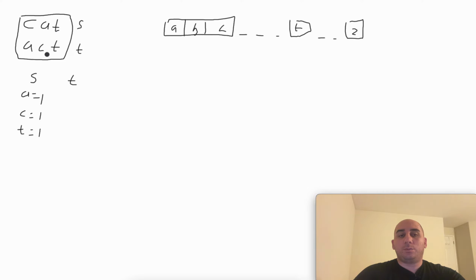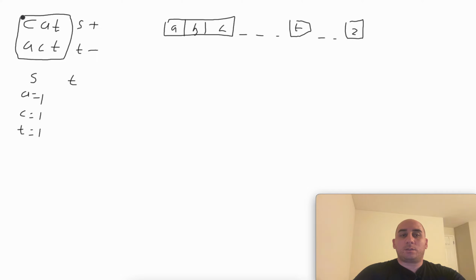In the second loop, we are going to decrease. For example, we have 1 A, we are going to decrease it, we also decrease C, and we decrease T. If at the end all letters are repeated 0 times, because we have subtracted, in that case we can claim that we have an anagram.